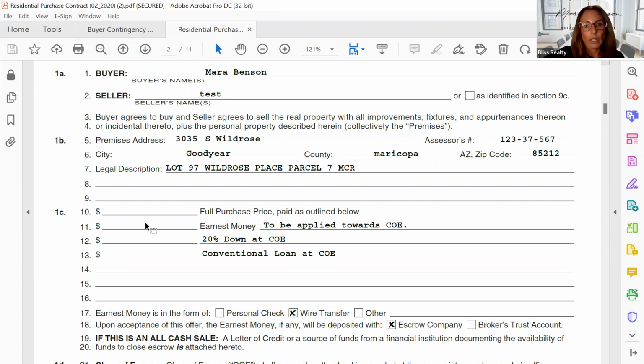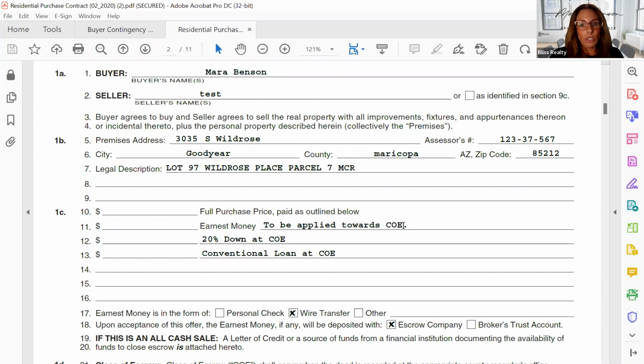The next line item, well, let's go back up to earnest money. I have notes in here that it can be applied towards close of escrow, towards your closing costs. It could be applied towards their down payment. Be careful writing these items in here unless you've spoken to the lender.